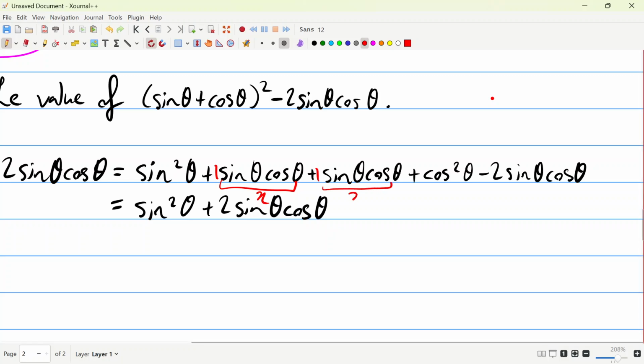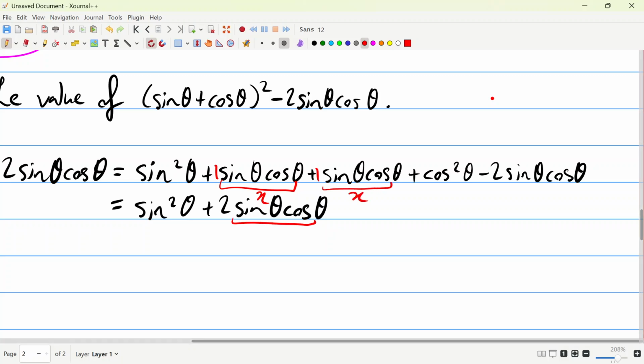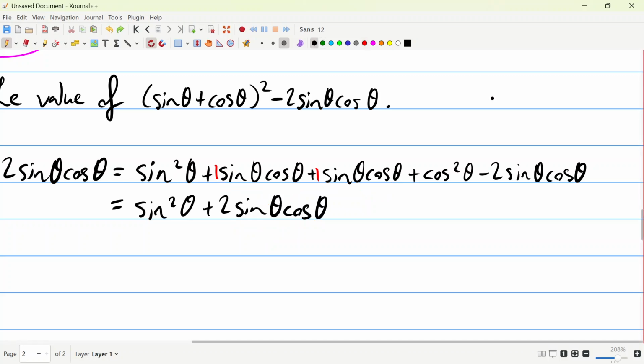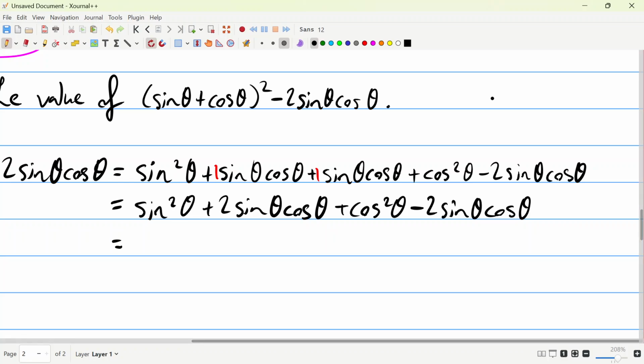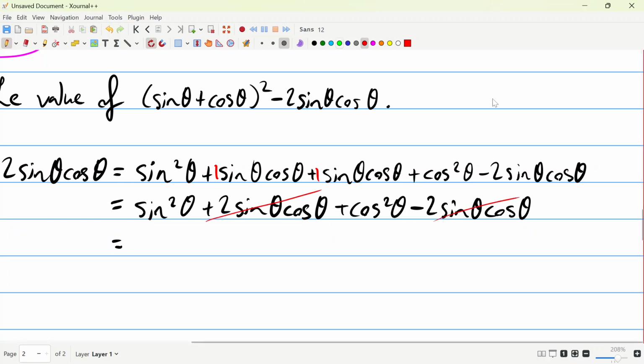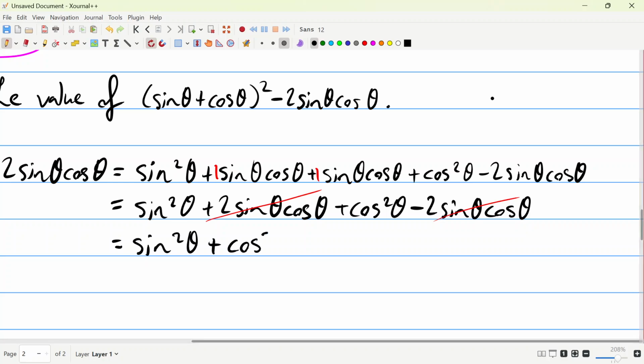So it'll be x plus x, which is going to be 2x. Okay. And then we have plus cos squared theta minus 2 sine theta cos theta. Notice that we can cancel out this 2 sine theta cos theta with the negative 2 sine theta cos theta. Therefore, we're just left with sine squared theta plus cos squared theta.